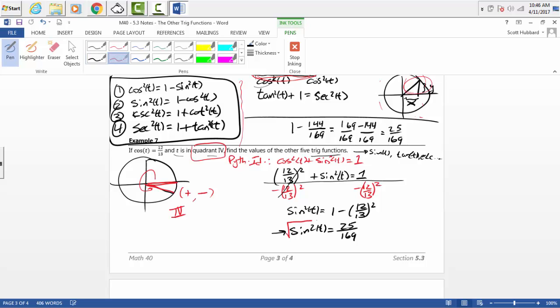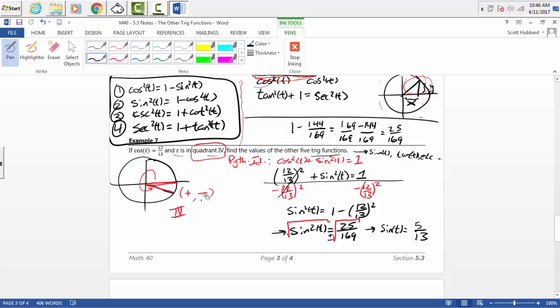So if I square root both sides, that tells me that sine of t is equal to the square root of 25, which is 5, over the square root of 169, which is 13. Now remember, when we do the square root, we have to pick up plus or minus. So are we going to take the positive answer or the negative answer? That's why I did this.